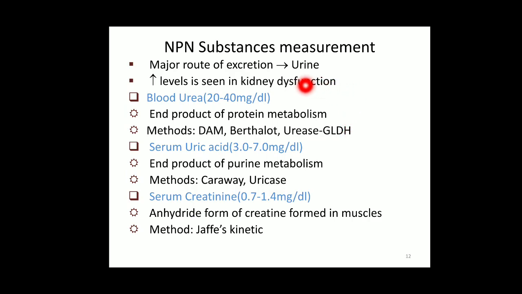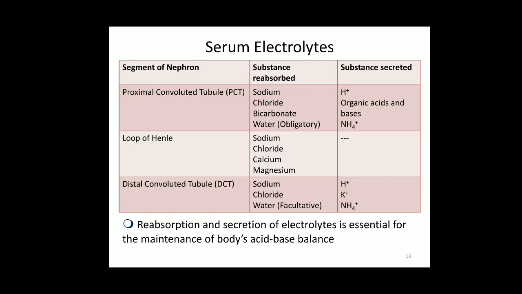In renal dysfunction, the value goes high. Uric acid, the end product of purine metabolism, is 3 to 7 milligrams per deciliter. This goes high in renal dysfunction. Creatinine is the main parameter used to assess renal function. 0.7 to 1.4 milligrams per deciliter is the normal range. I'll tell you in detail.